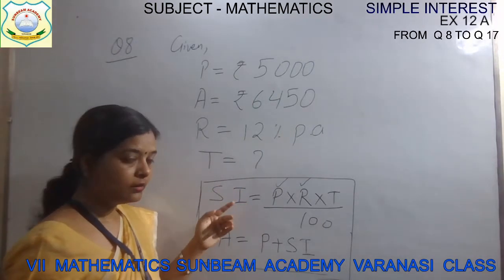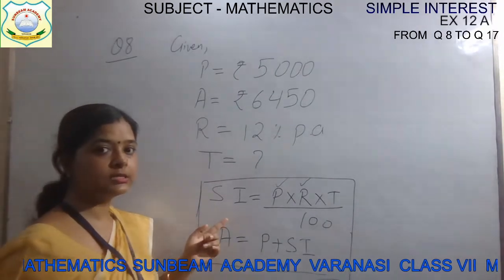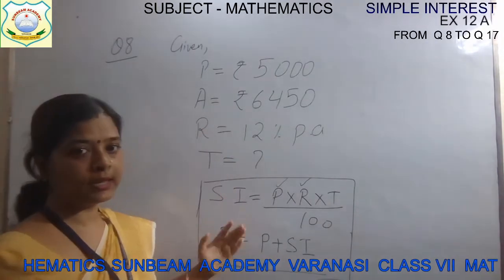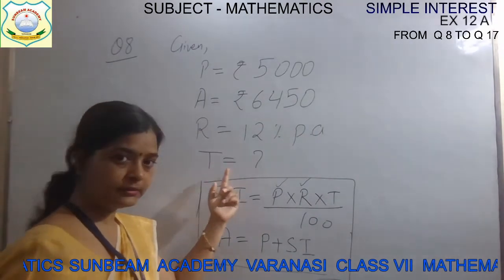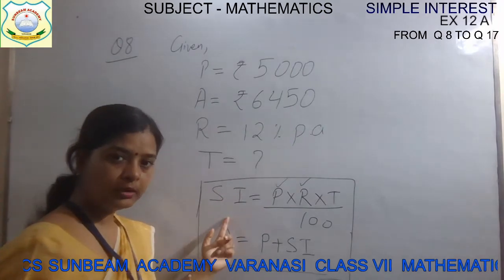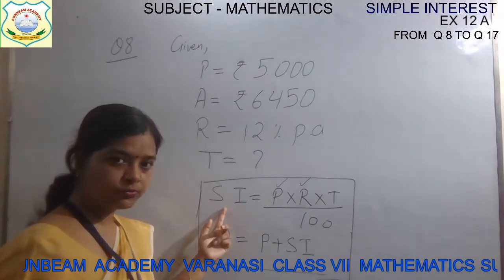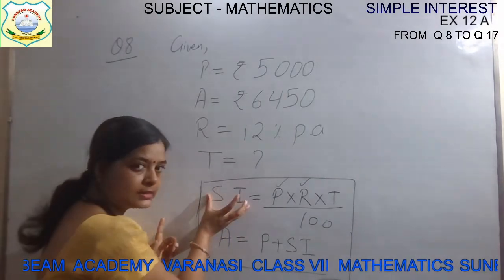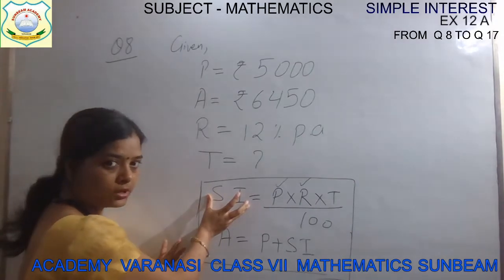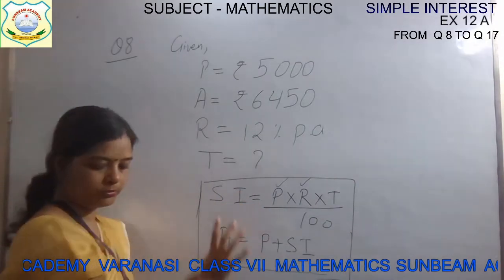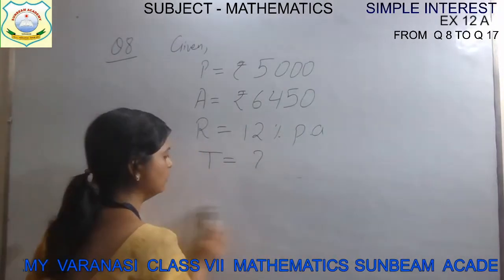So children, you have to apply your brain and your knowledge of whatever you have learned in this chapter. For finding the time, we will go for this formula, but before that, first we will find the simple interest, because it is not given. Simple interest is not given, so we will use the second formula. Okay children?